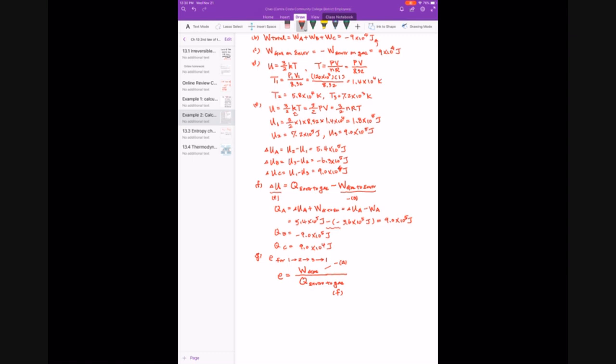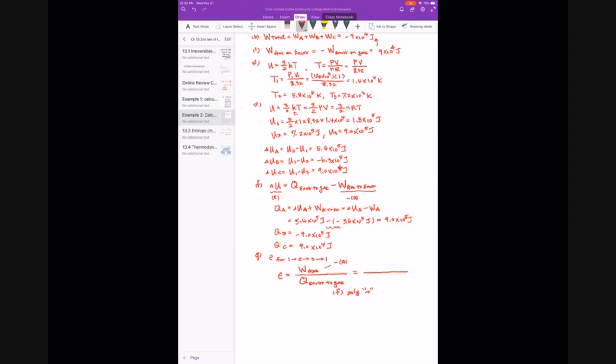And what about the work over here? Well, the work is done by the gas, so it's going to be a negative of A, because A is the environment to gas. You only use the positive one. So we look at what we got from the F. The QA is positive.